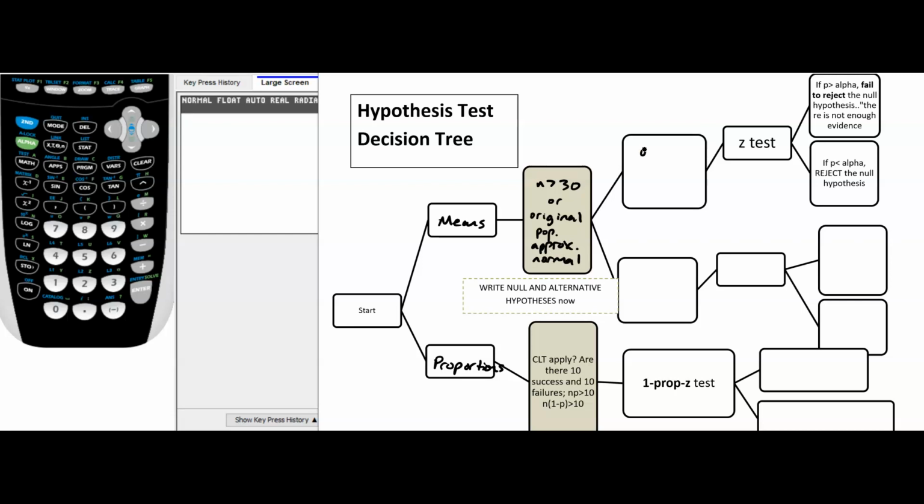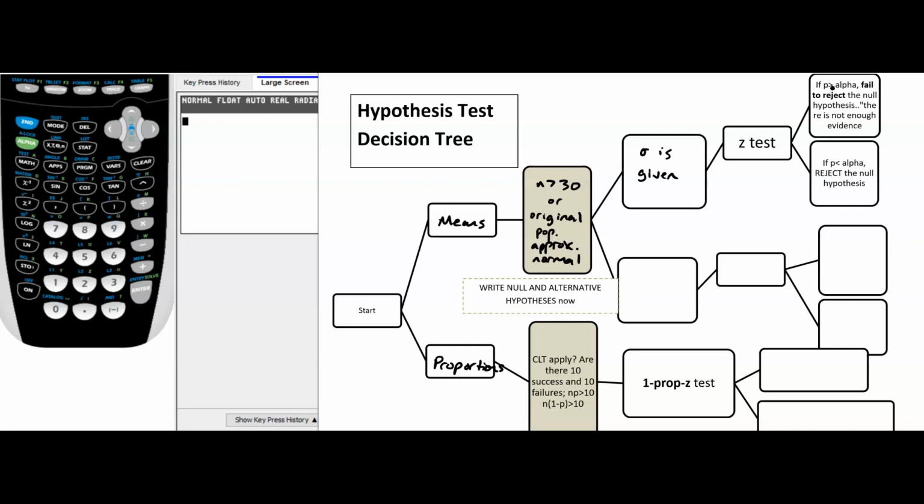And then if sigma, the population standard deviation, is given, then our test statistic, which arrived as part of a standardization process, was a z-score, and z-score was perfectly normally distributed, and therefore we sometimes call that normal distribution a z-distribution, and the test that we used in the calculator was z-test.